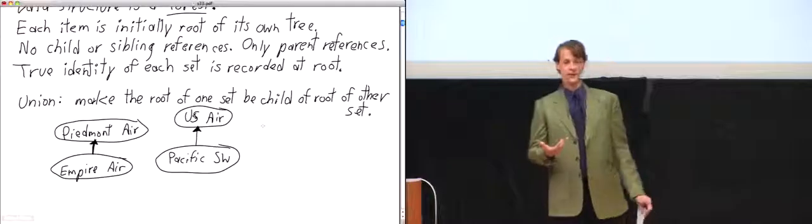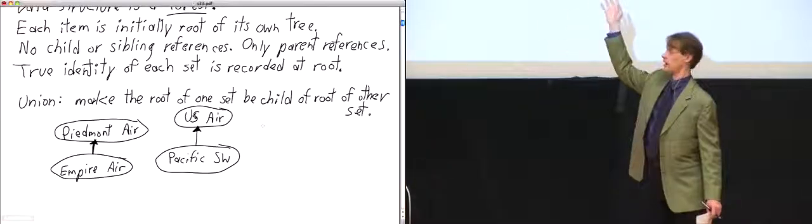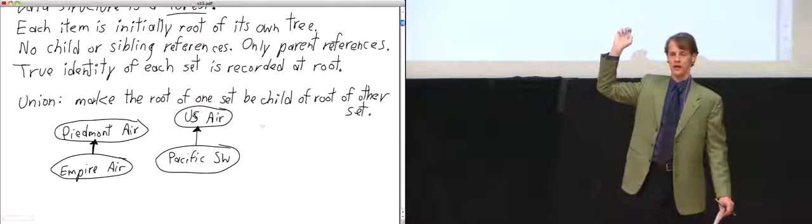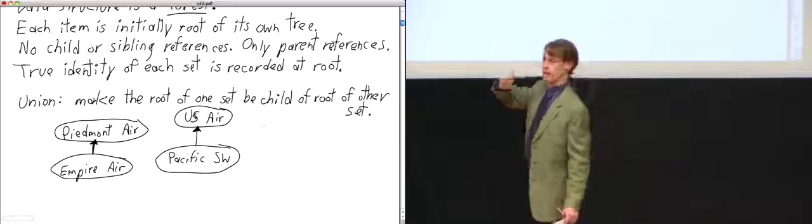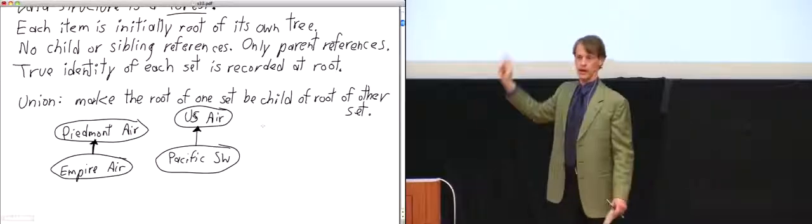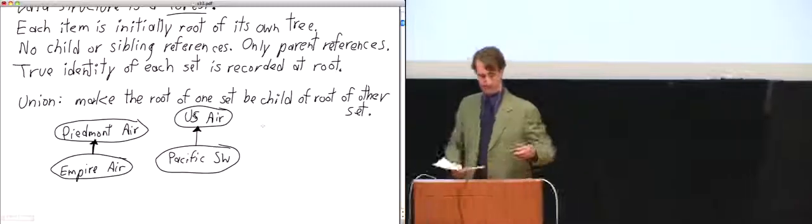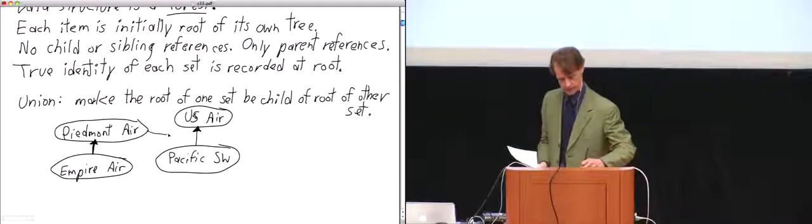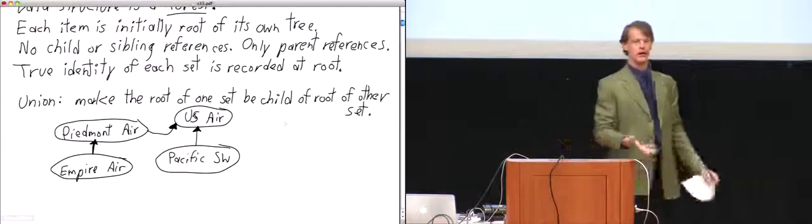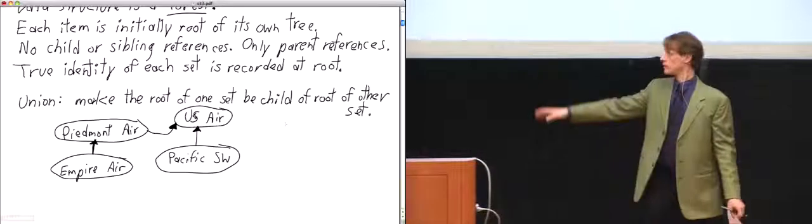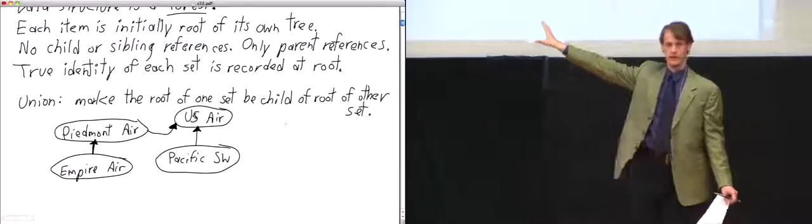And now suppose I take the union of Piedmont Air with US Air. So I want to unite all of these into one set now. Then I pick one of them arbitrarily, and I make it point at the other one as its parent. So if Piedmont Air decides that US Air is its parent, now US Air is the root of a tree with 4 items in it.